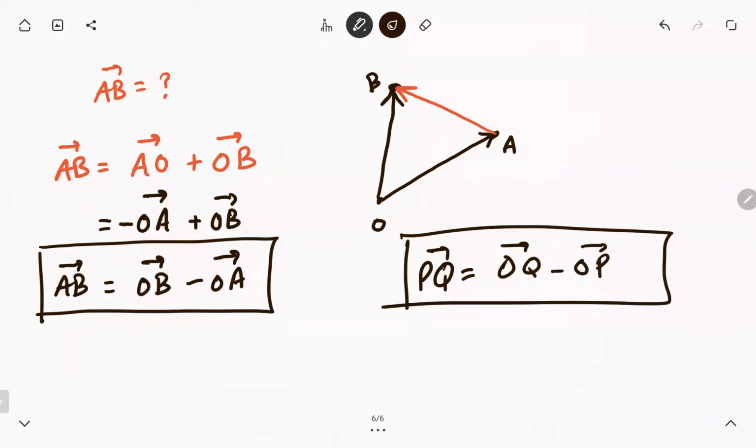So अगर आपसे पूछा जाए LM, then what would be that?